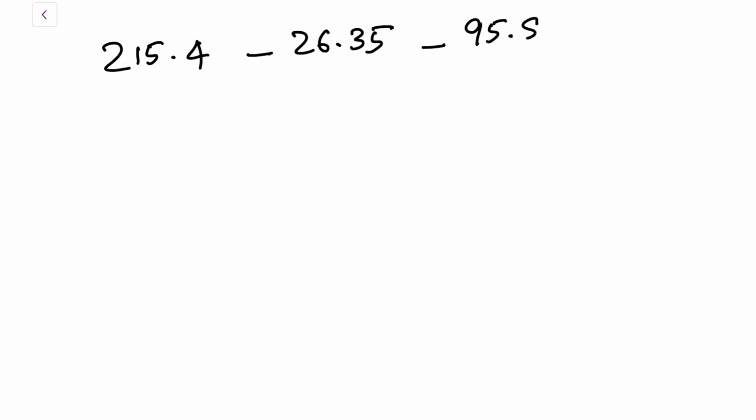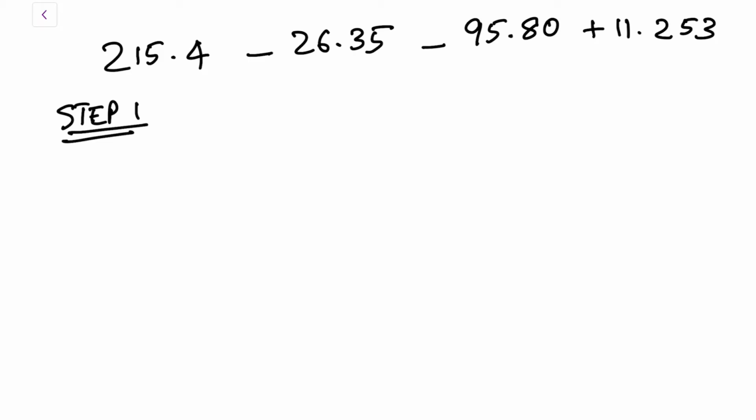Now let's do a simplification problem which has a combination of addition and subtraction. 215.4 minus 26.35 minus 95.80 plus 11.253. As you can see, we have a combination of subtraction and addition. How do we do a simplification problem with decimals?